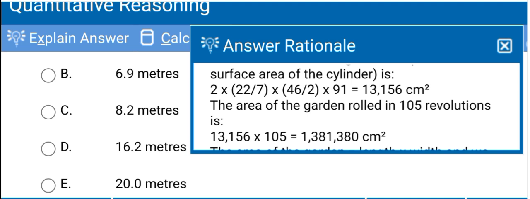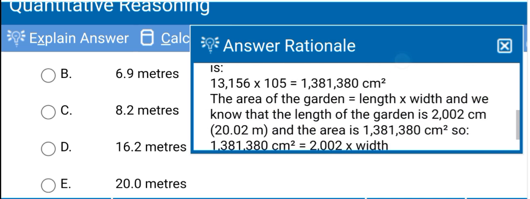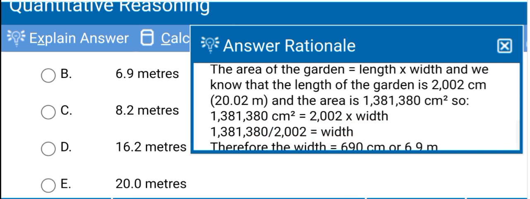So the area of the garden rolled in 105 revolutions is 13,156 multiplied by 105 equals 13,81,380 centimeters squared.